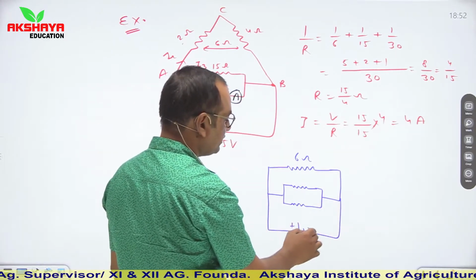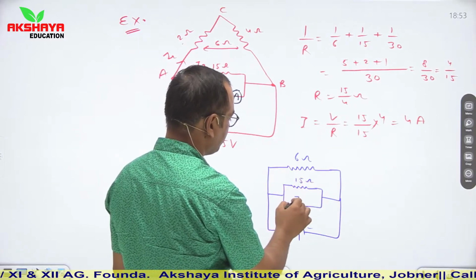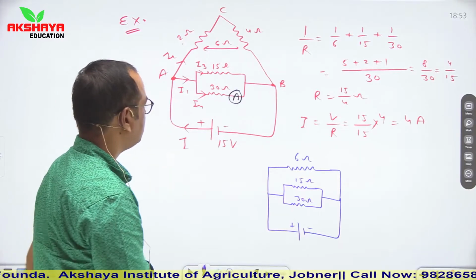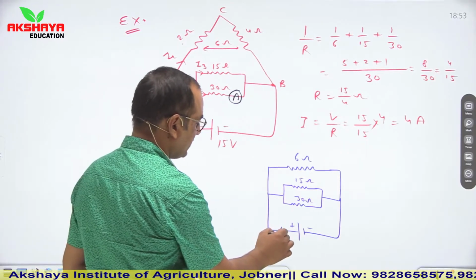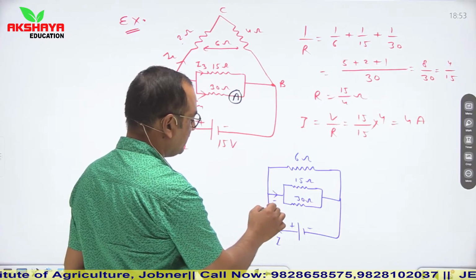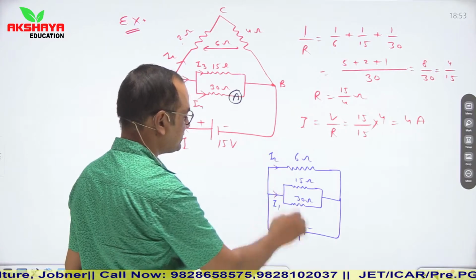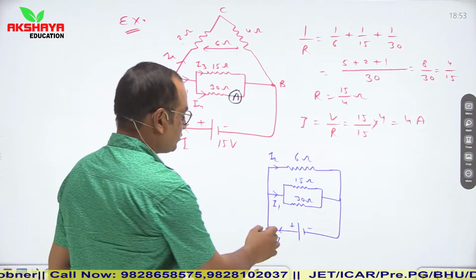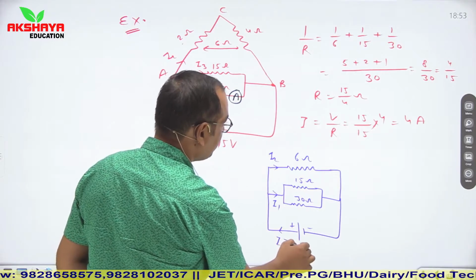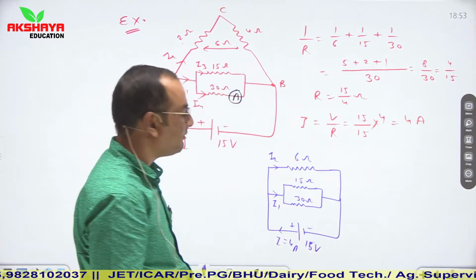So we have redrawn this circuit here. This is 15 ohm and this is 30 ohm. Clear? So this is the circuit. Here current I is flowing through it. We are considering that I1 current is flowing in this branch and I2 is flowing in this branch. So total current is 4 ampere. Potential difference is 15 volt.